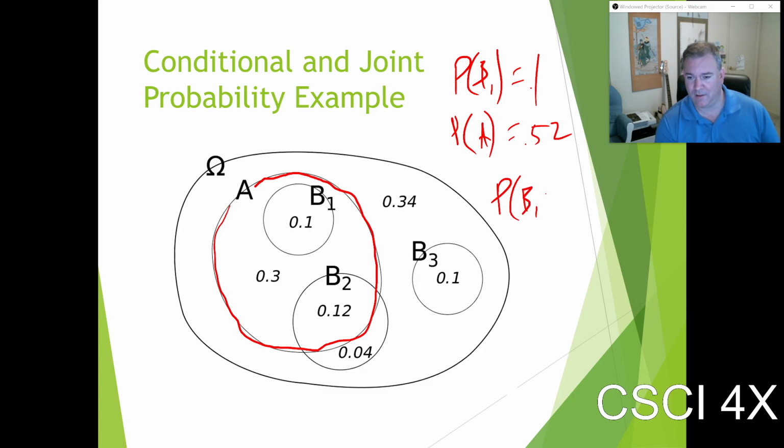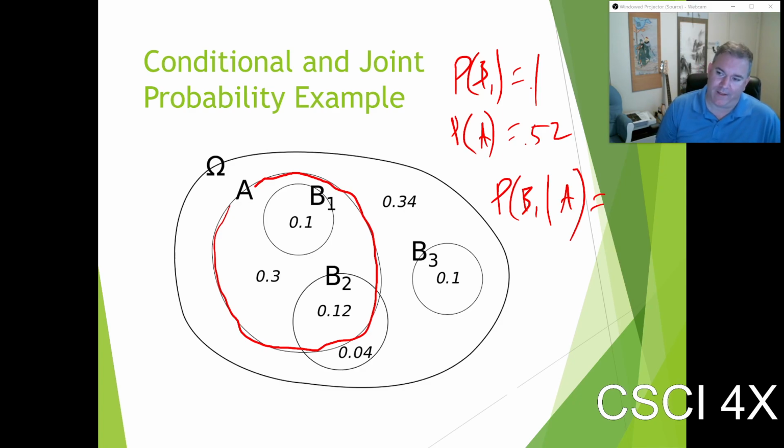Okay. So what is the probability of B1 happening given we know that A happens? Before we had only a 10% chance of B1 happening. Now I reveal to you the fact that we know that A happens. So what is the change now? Now that we know that A happened, what are the odds that B1 happens?